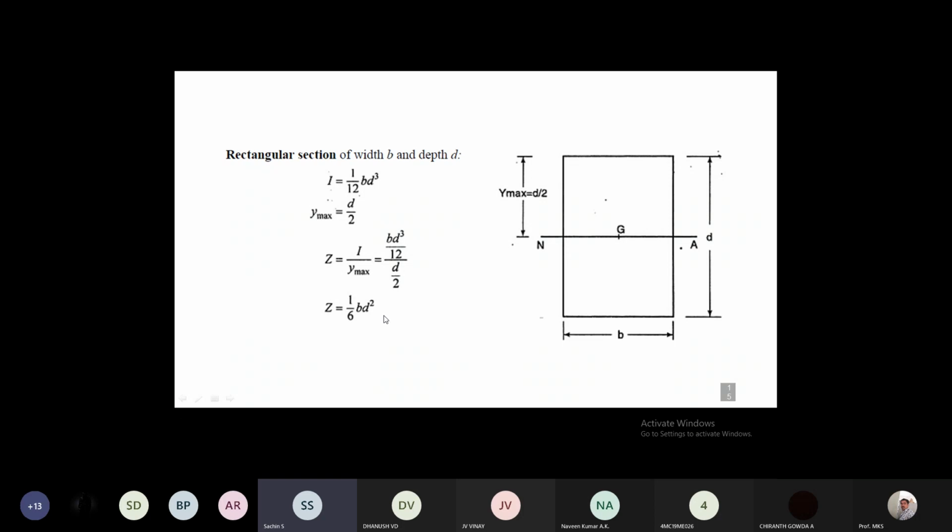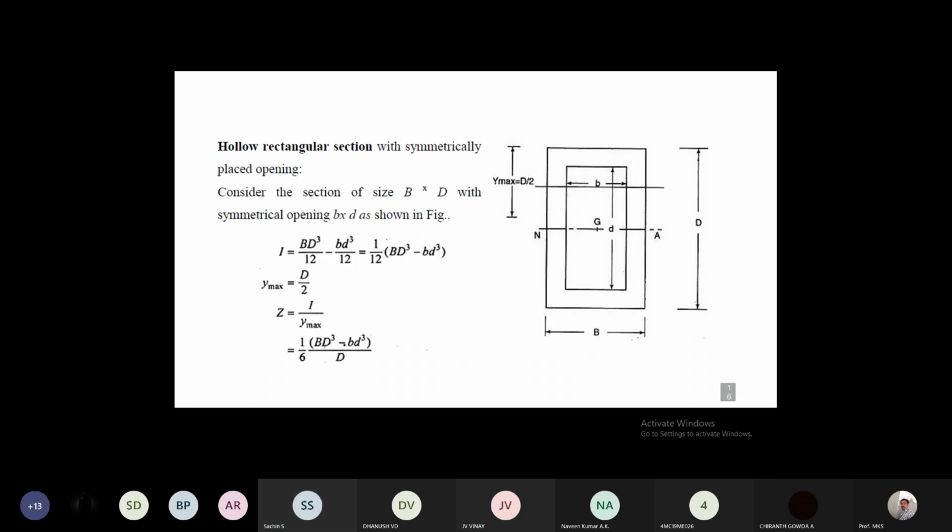Next, for a hollow rectangular cross section, like a pocket-like surface, the outer width is capital B, the inner width of the rectangle is small b, and the depth is d.